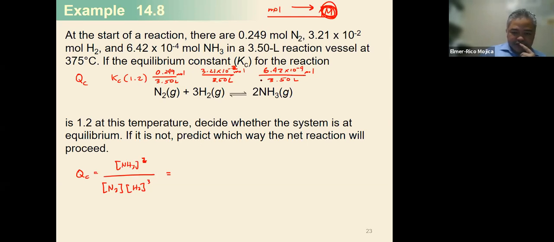So for NH3, it's 6.42 times 10 to the negative 4 divided by 3.50. And that would give you around 1.8 something. And this is raised to the 2. And this one, N2, that's 0.249 divided by 3.50. So that's 0.0711.